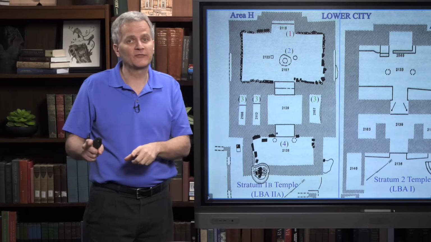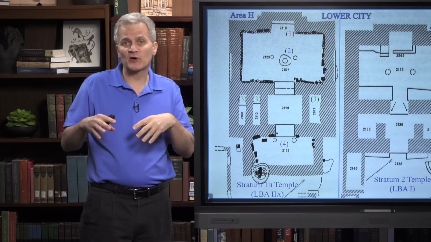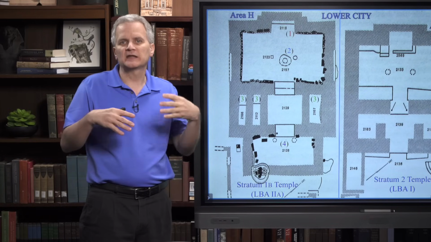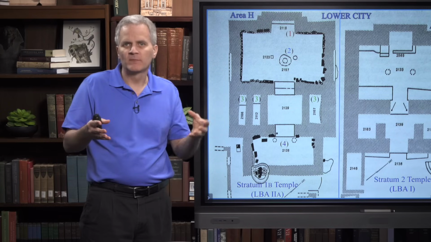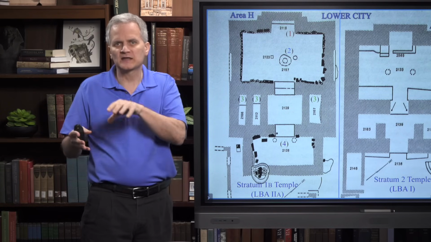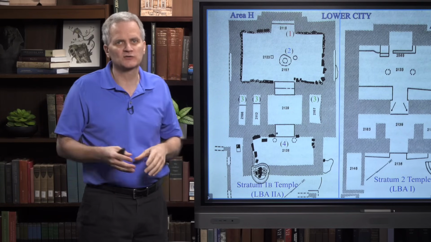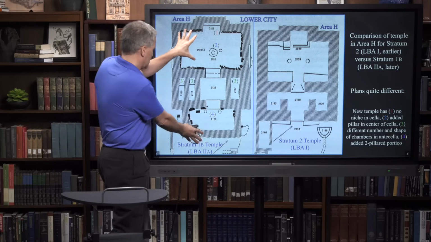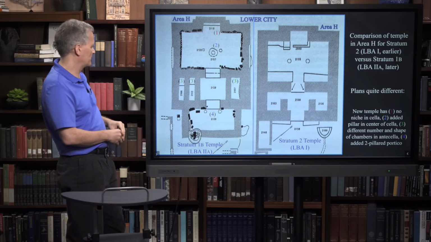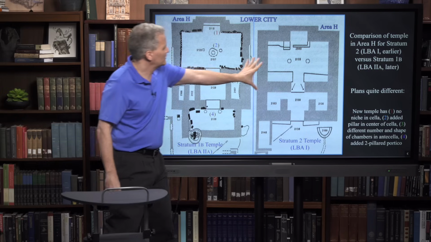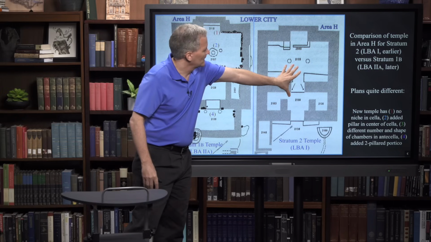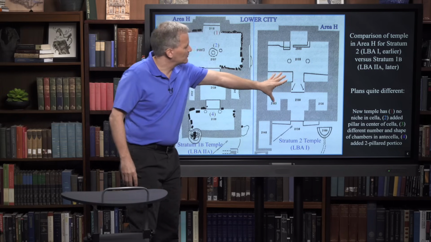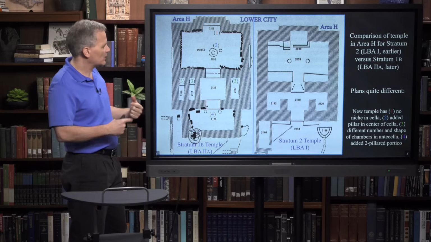Now let's look more carefully at that temple that experienced this change in its architectural design with this new occupational phase at Hazor after the destruction under the Israelites. So here is the new temple, the temple of Late Bronze 2A, and here is the previous temple before Joshua arrived, of Late Bronze Age 1. So what are the differences?